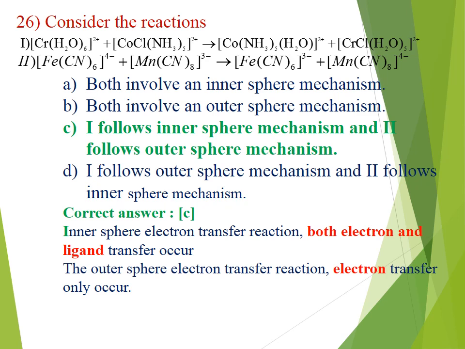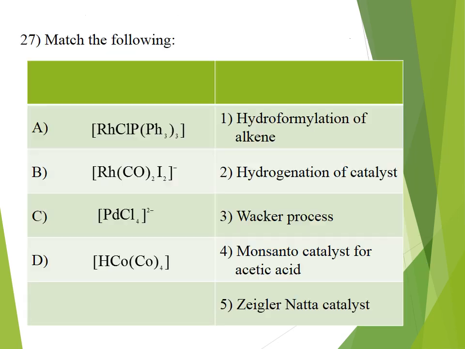In the case of the first one, ammonia and water ligands transfer from one complex to another, and the electron also moves from one atom to another. Therefore, the first one is called inner sphere electron transfer reaction. In the second case, the outer sphere electron transfer reaction, only electron transfer occurs. Here there is no transfer of ligand. Therefore, the second reaction is outer sphere electron transfer reaction. Therefore, for this question, C is the answer.